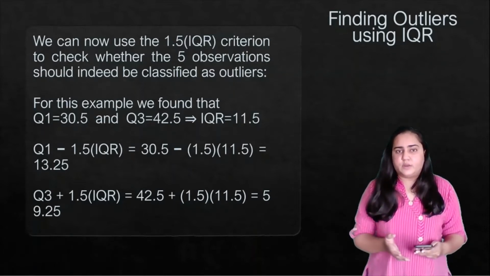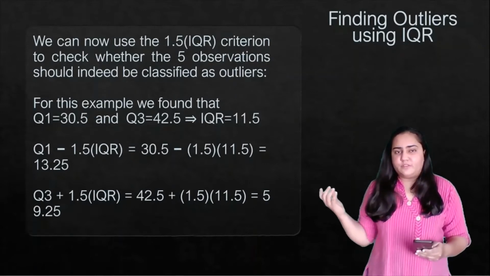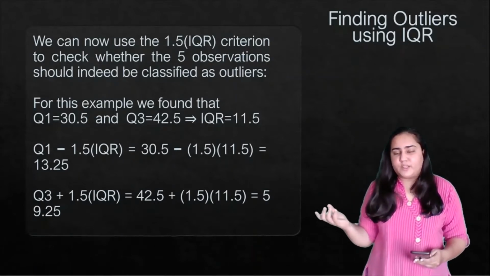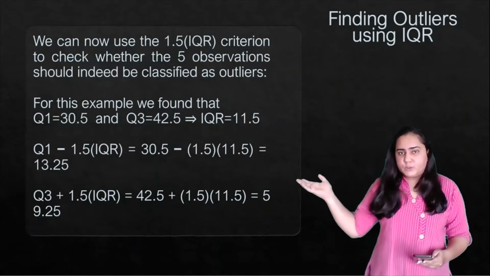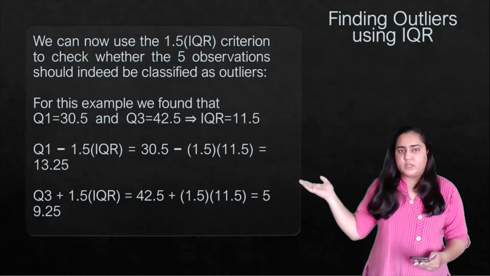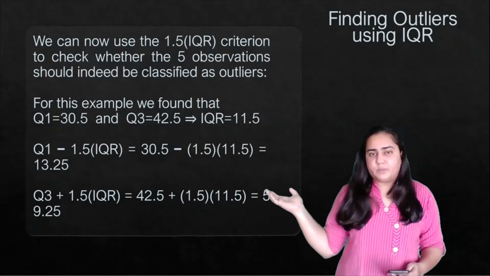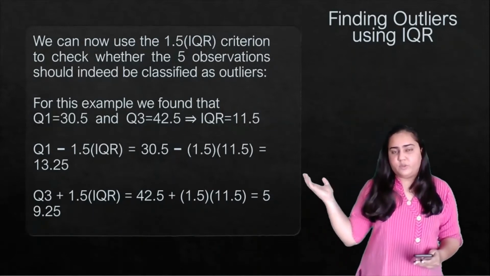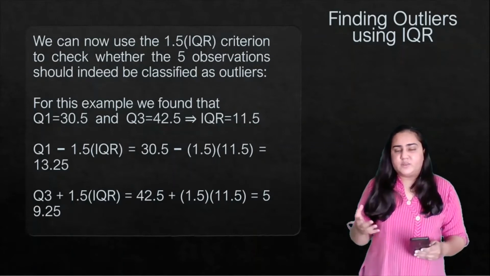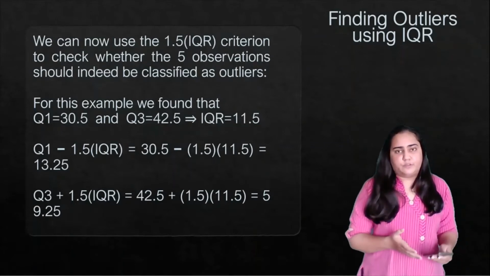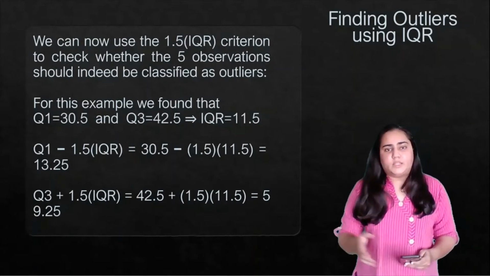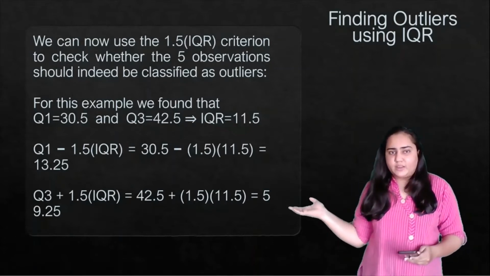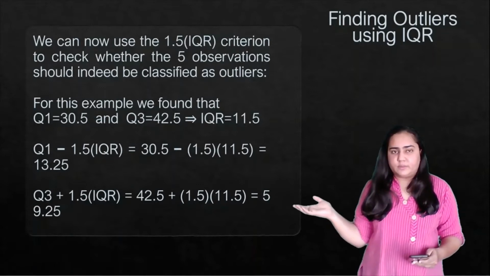Now we are going to find out the value that we get after we subtract 1.5 times IQR from Q1. Upon doing that, what you will get is 13.25 because we multiplied 1.5 with 11.5 and then subtracted the value from 30.5, which gives us 13.25. And then we are going to add 1.5 times IQR to Q3.